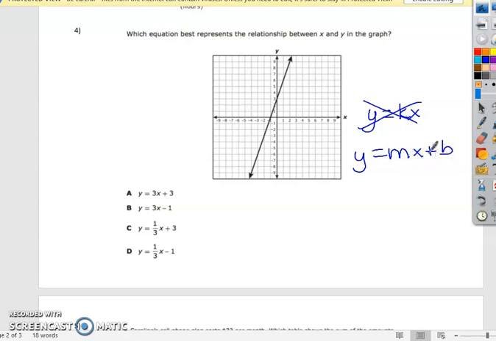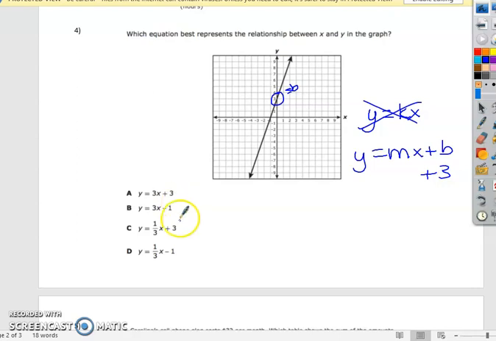Now, if you remember, whenever you have a graph, what I would do is start where the line crosses the y-axis. So this line crosses the y-axis right here. That number to me looks like 3. So that's plus 3. That's what it looks like to me.